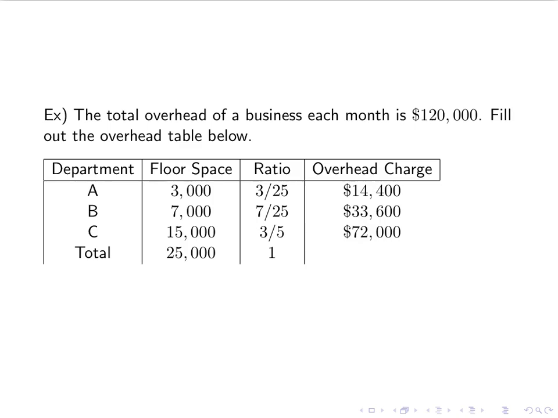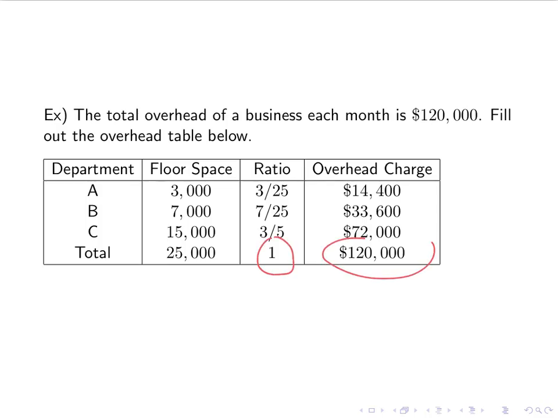Now again, to check this, we need to make sure that the total is in fact 120,000. So if I add these 3 up, do I get 120,000? Yes, I do. So you always want to make sure that the ratio total is 1, and this total is the total overhead that you were given.